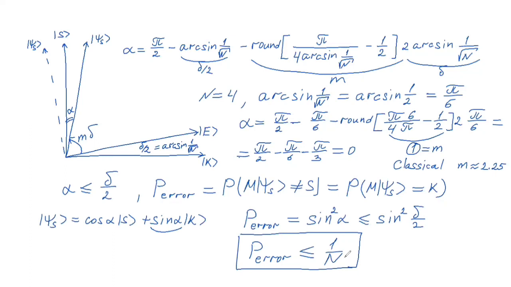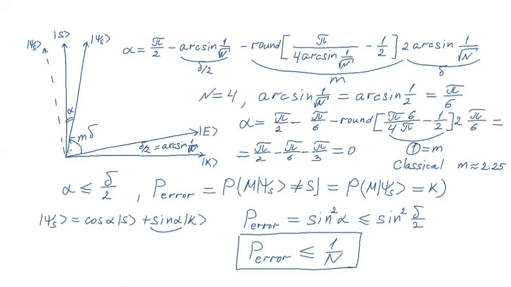But it could happen. We may measure vector psi s, and we will not get a solution, which we will find out by checking the solution with the oracle. In that case, all we have to do is to repeat the whole quantum search algorithm again. So we go to the equal superposition state and apply m Grover iterations one more time.